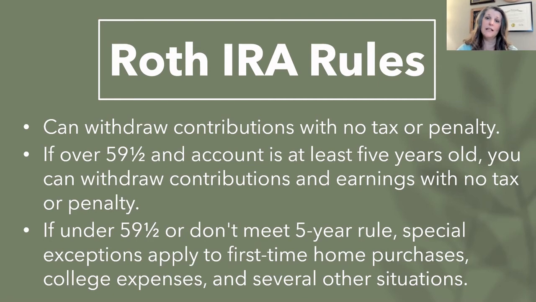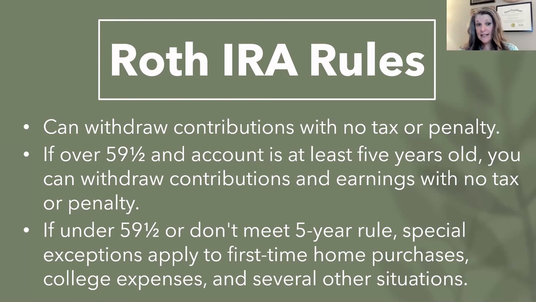There is a form that you can file every year you make a contribution to a Roth IRA. It does nothing to your taxes, but it starts an official record with the IRS of what your contributions have been, and it will help you justify it if you ever want to pull them back out again.